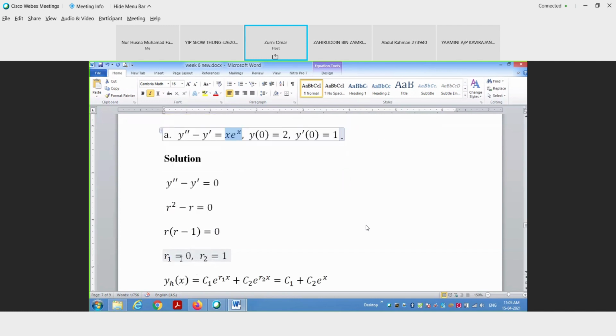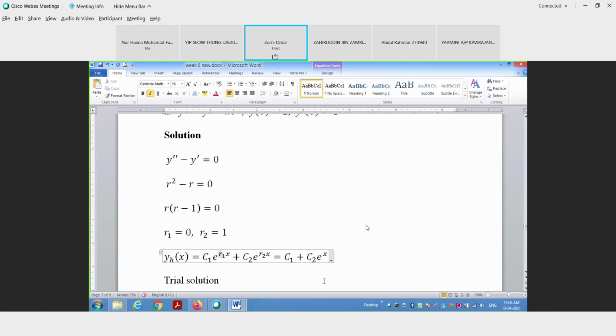So r1 equal to 0, r2 equal to 1. So your yh will be c1 e^(r1 x) plus c2 e^(r2 x). Because r1 is equal to 0, we have e power of 0 equal to 1. So we have c1 plus c2, r2 equal to 1 times x, so you have e^x. So this is your yh.